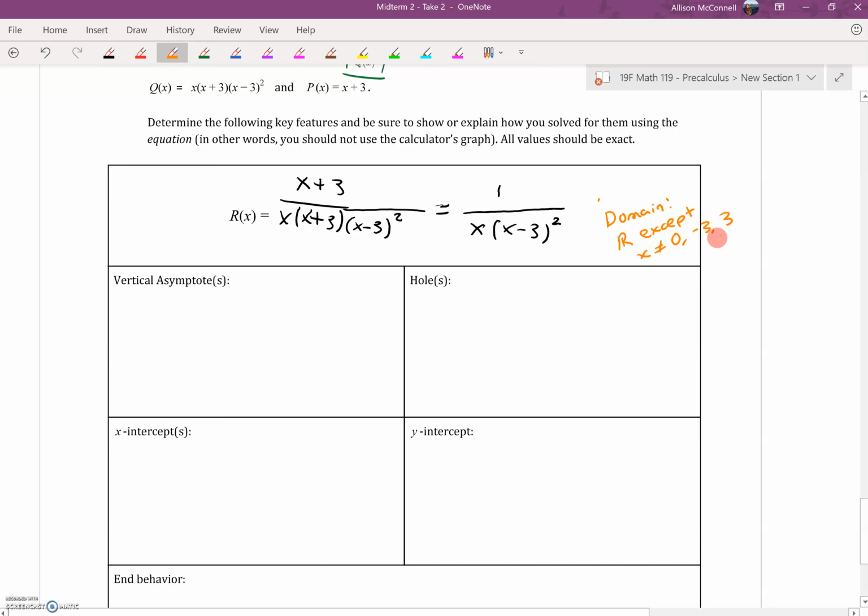So is your domain restriction going to produce an asymptote? Let's say this x value is some number c.